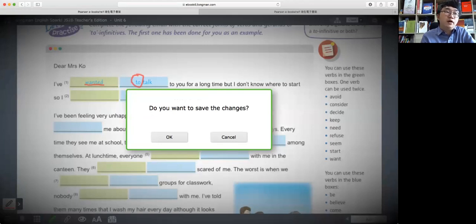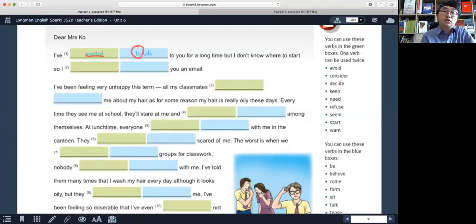Yes, here, right? Want is here. So it must be followed by to infinitive. So this is why the answer is I wanted to talk, but not talking, because the verb before talk is want.